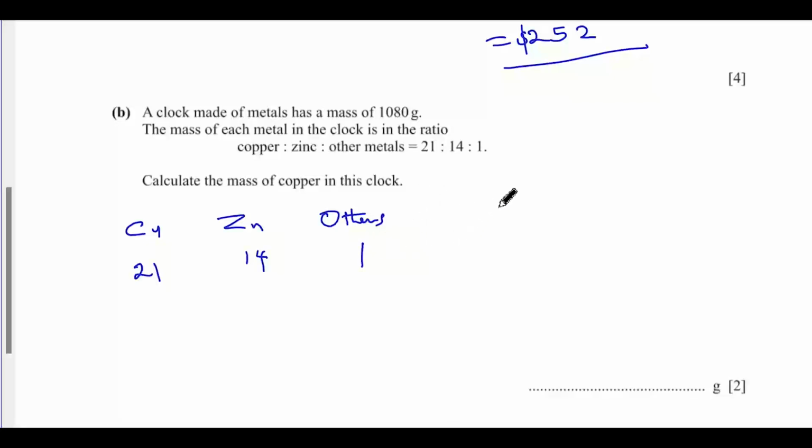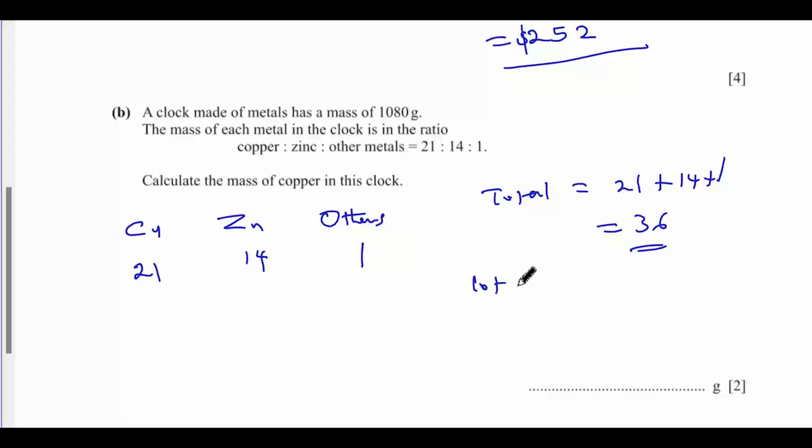So what is the total ratio? The total ratio will be 21 add 14 add 1. That is the first thing you need to do. If you add 1 to 21, that will be 22, and 22 plus 14 will be 36. The next thing is, how many lots of 36 are there in 1080?